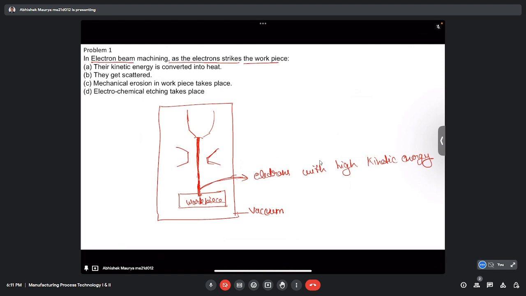In this way, material removal takes place in the case of electron beam machining.